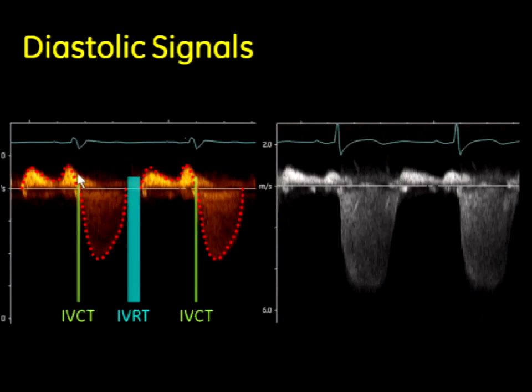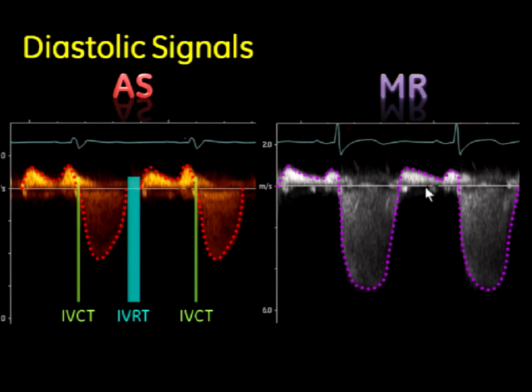So we can see here there are these intervals of isovolumic contraction time and isovolumic relaxation time. And if we look at this signal, we can see that there's continuity between mitral inflow and the systolic signal, and between this systolic signal and mitral inflow, and so forth. So this is aortic stenosis and this is mitral regurgitation. So the key with identifying aortic stenosis and mitral regurgitation is you've really got to get both jets. You've got to show the aortic stenosis and mitral regurgitation signals and then look at these various factors to work out which one is which.